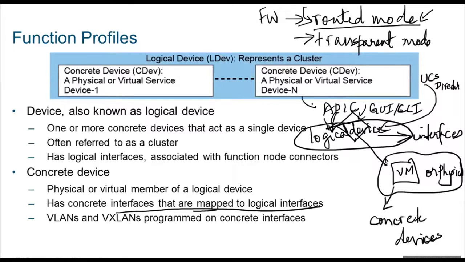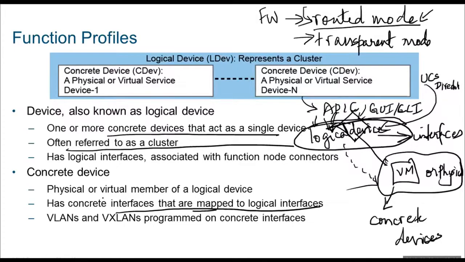Instead, you're going to go through the APIC and configure the firewall, but it's actually done through a logical device. It's like a model, and then this model sends it to the devices, so it could be a cluster of devices. They have their own logical interfaces. And when you render it, those logical interfaces are mapped to the physical, and then the VLANs and VXLANs are programmed on the actual device itself.